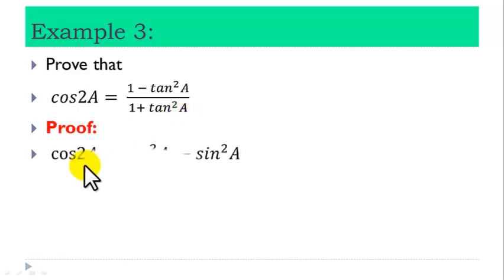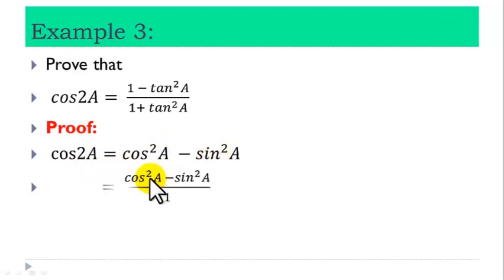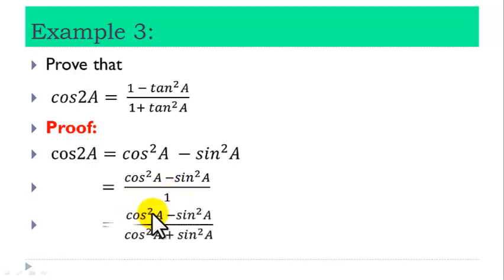We recall that cos 2A is equal to cos squared A minus sin squared A. Let us write this as cos squared A minus sin squared A all over 1. Then by fundamental identity, this is equal to cos squared A minus sin squared A all over cos squared A plus sin squared A. Let us divide the numerator and the denominator through by cos squared A.